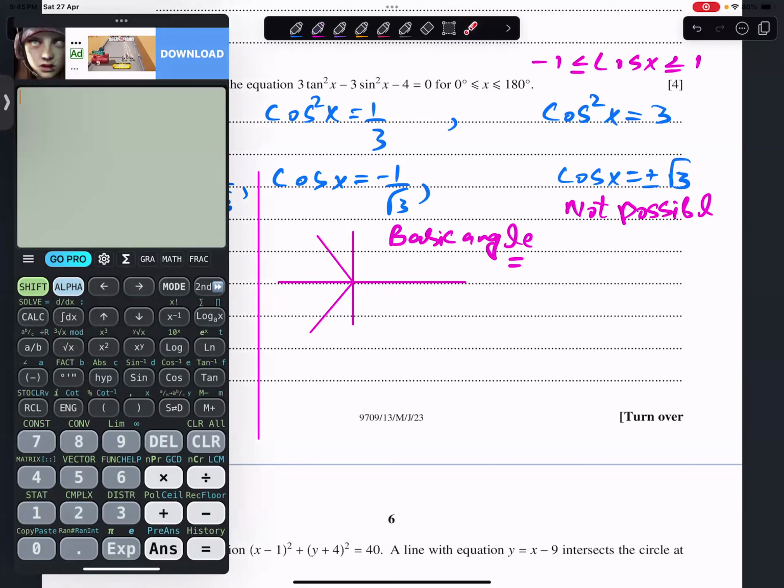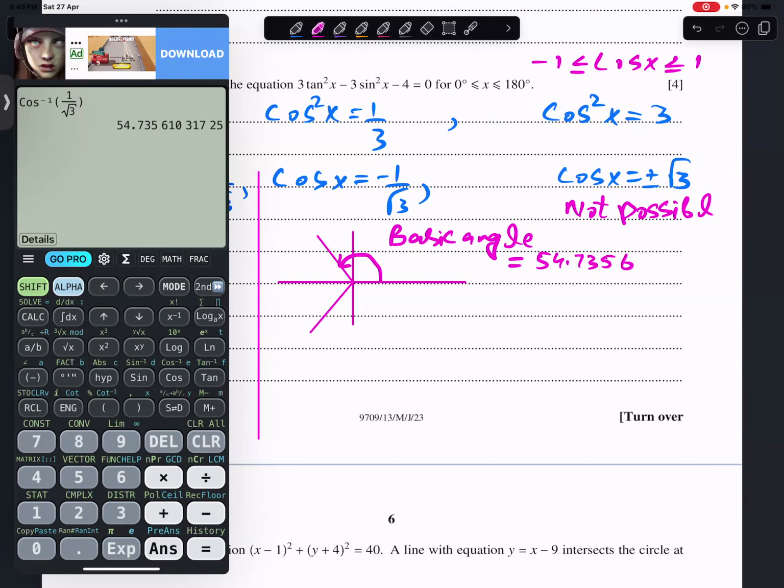Please set your calculator on degrees because the domain is given in degrees. So the basic angle is 54.7356.